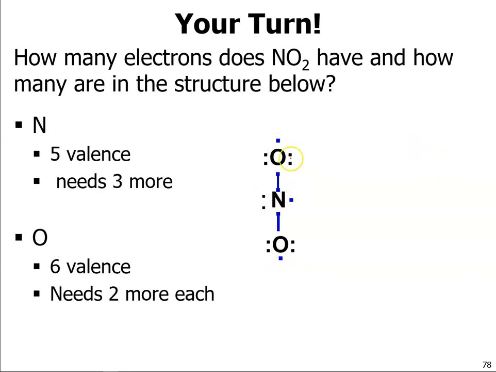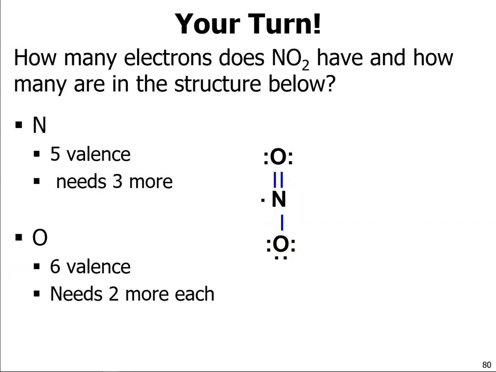Let's take these two and combine those into a double bond. And let's also pair up the electron here with the nitrogen and the oxygen so that those are together as well. We'll just move the electron instead of making a double bond. We'll just move this to the outside.